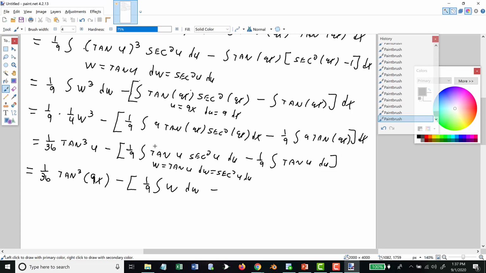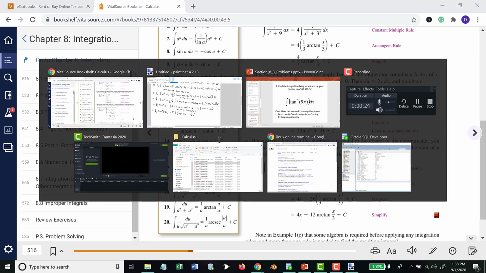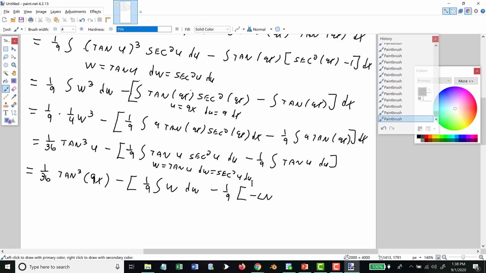Minus 1/9. Now this is already in a perfect form that matches the number 10 exactly. So that'll be a minus natural log, the absolute value of cosine u. And I'll put my plus c on here. I'm getting close, I think.